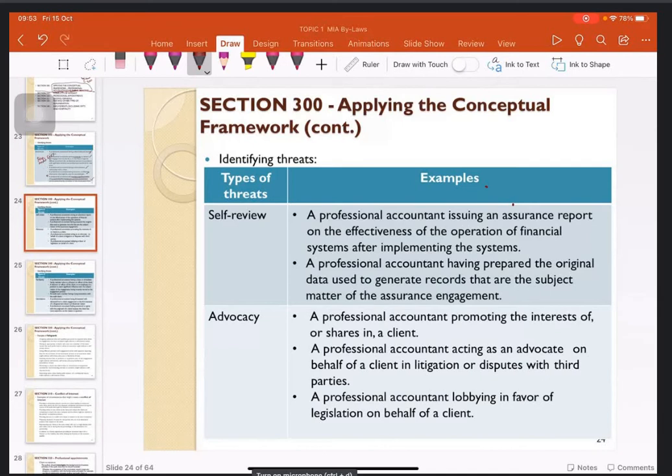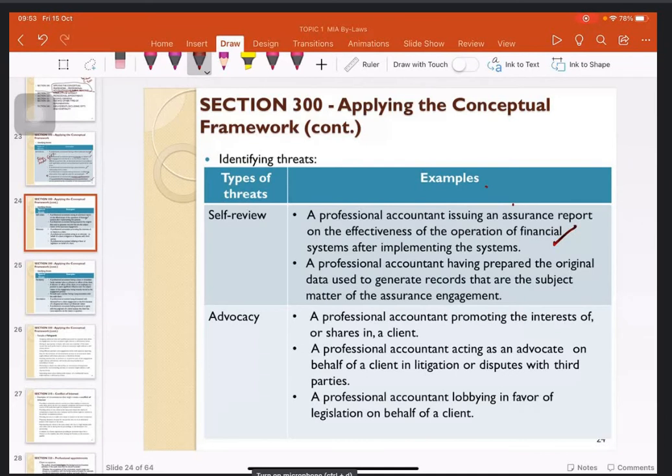Self-review adalah, okay, sometimes, okay, a professional accountant issue assurance report. This one adalah kalau you provide other service kepada your client, okay? Other non-assurance services. Assurance report on the effectiveness of the operation of financial system after implementing the system. For the example, you yang design system tu kepada your client.